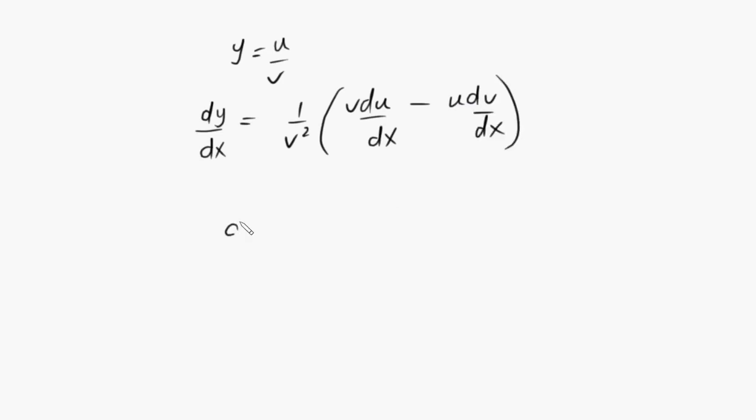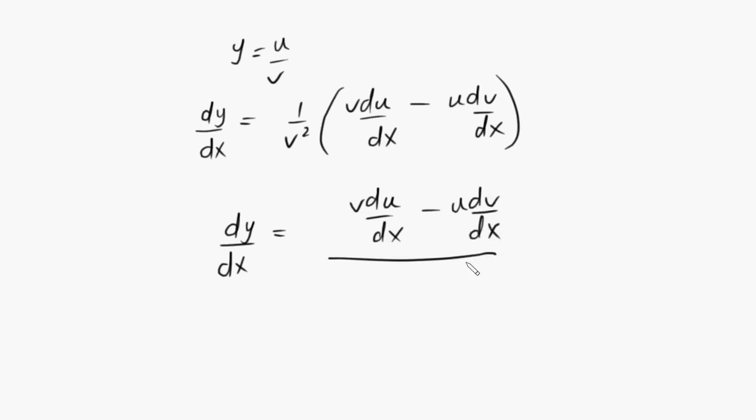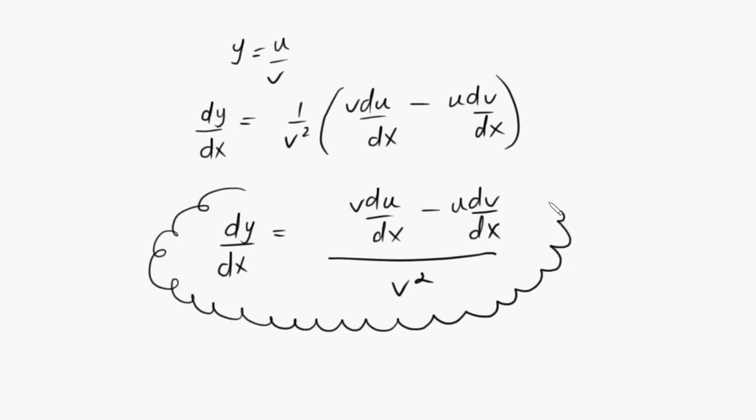Now this can also be written like this: dy/dx is just equal to v du/dx minus u dv/dx over v squared. Now this is the formula for finding the differential coefficient of y with respect to x when y is a quotient of polynomial functions. And this formula is what we call the quotient rule.